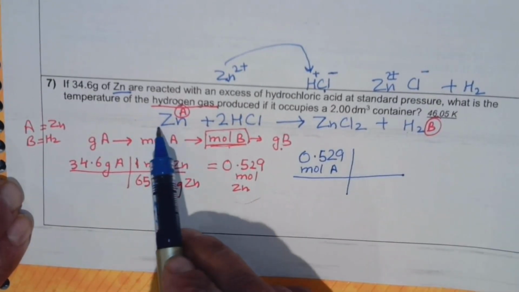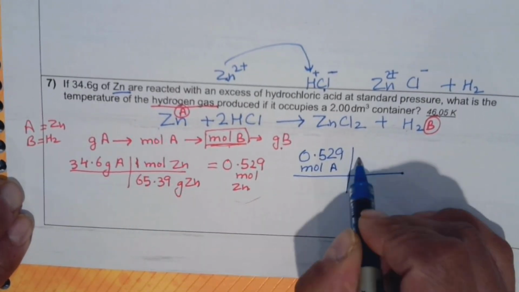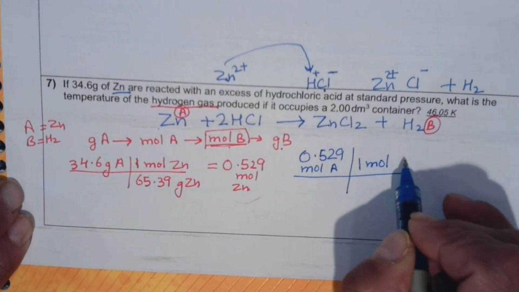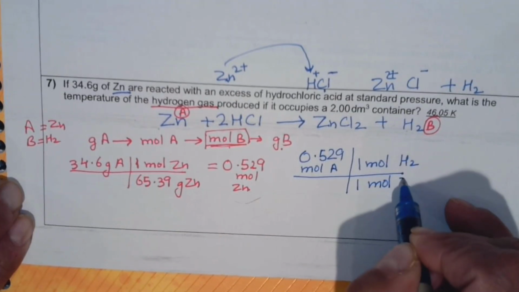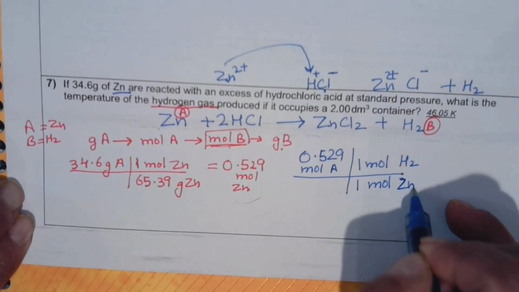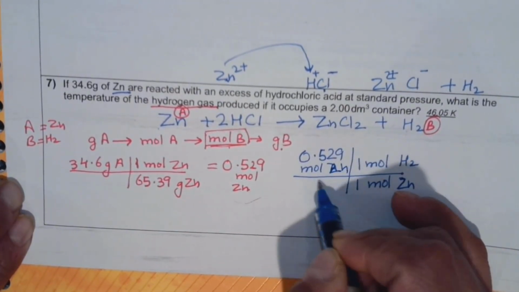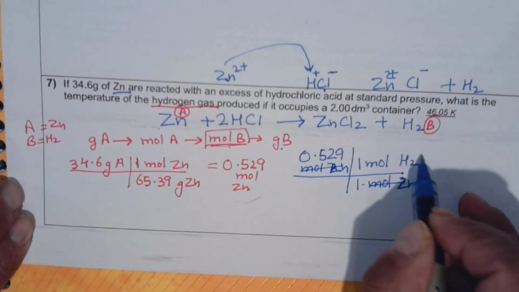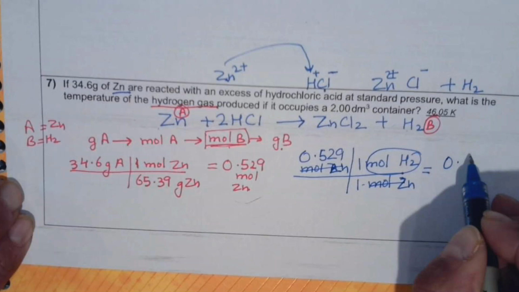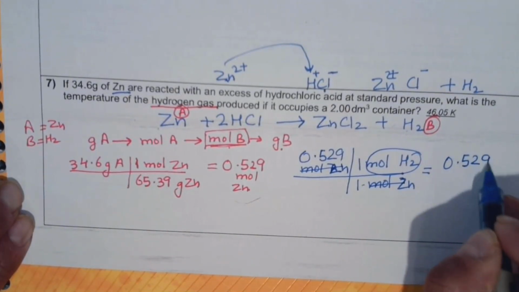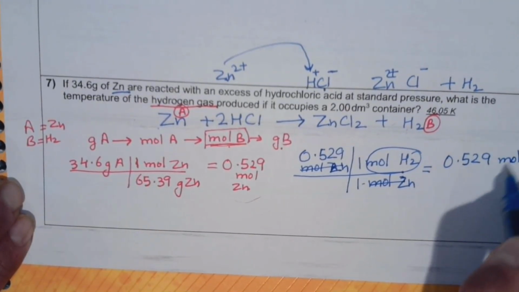So mole ratio is 1 to 1. So 1 mole H2 divided by 1 mole zinc. So this cancels with this and you get moles of H2, which is also equal to 0.529 moles H2.